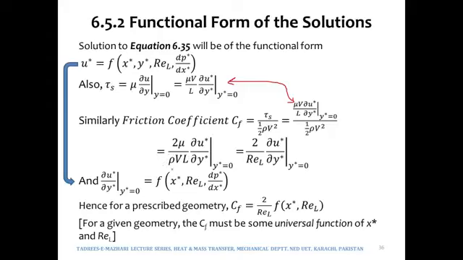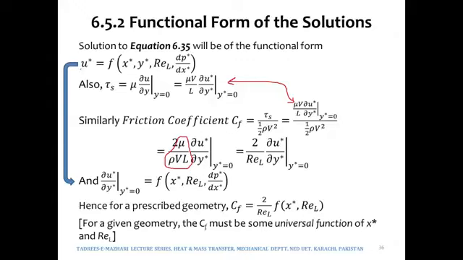Now this rho v L over mu is in fact the Reynolds number, so it would be Reynolds number in the denominator. The rest of the things will remain the same, 2 remains 2, and dou u star by dou y star is written as it appears in the previous step.